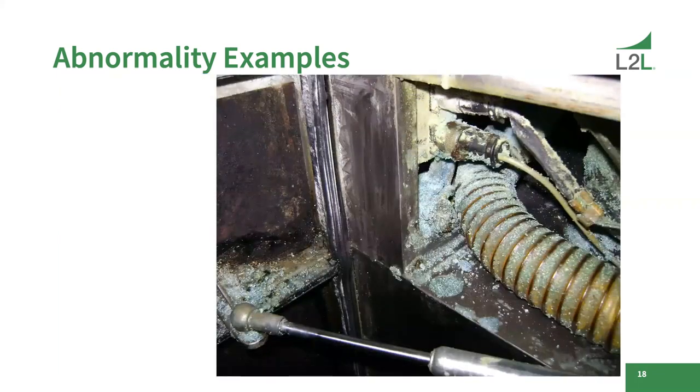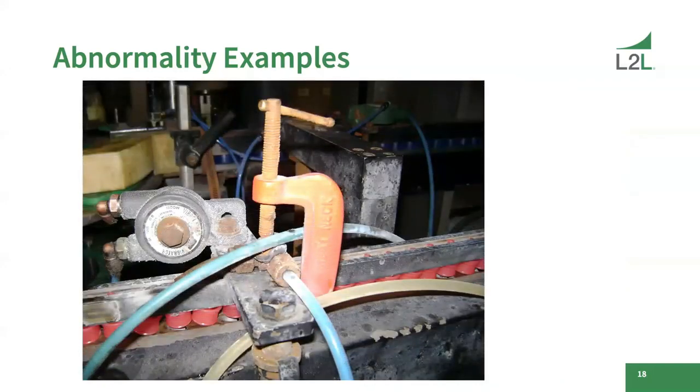So you can see where contamination has really had an issue with these machines, and we've seen some really dirty facilities. There are temporary fixes everywhere out on machines. These will become downtime at some point, so you're going to want to identify those and get them fixed.